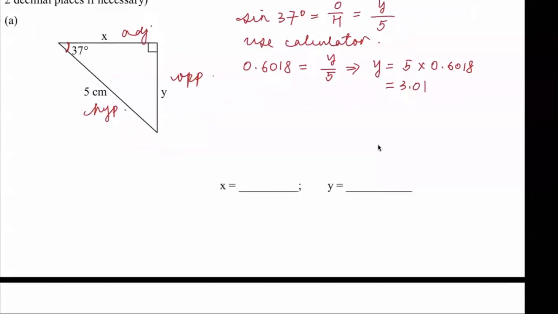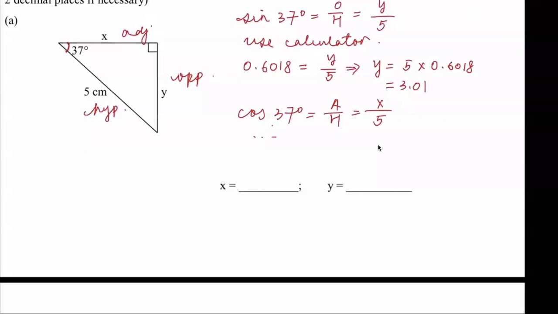Okay, what about the adjacent side? If we use cosine 37 degrees is equal to A over H, which is equal to X over 5. This means if we know what cosine 37 degrees is equal to, then we can find X. Again, use calculators.